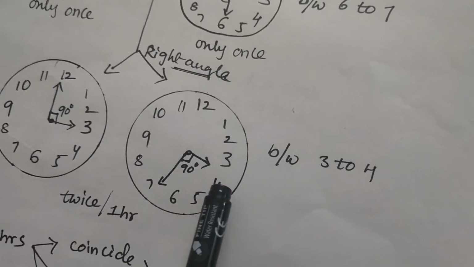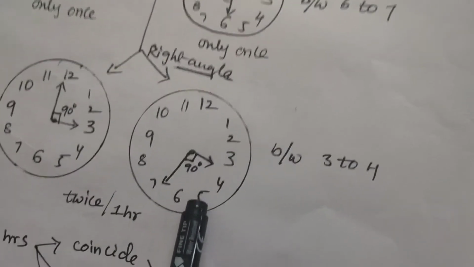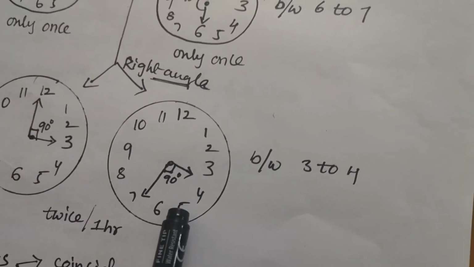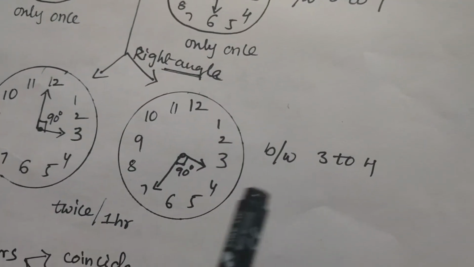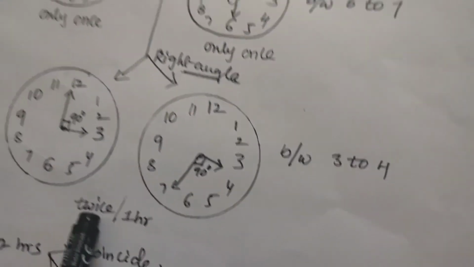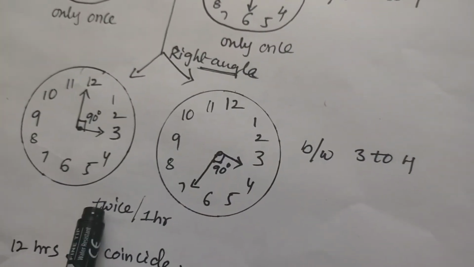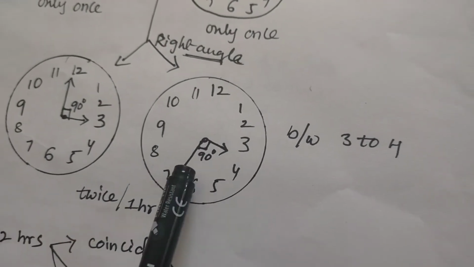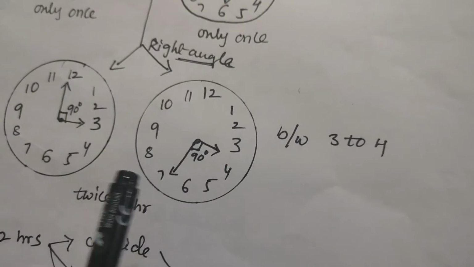Between 4 and 5 also we can observe two 90 degree angles. So the hands make 90 degrees 2 times in 1 hour, between the hour and minute hands. Okay, so this is for 1 hour.